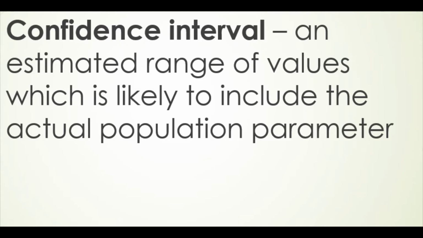And we're saying that we're 95% confident that this range of values includes that actual population parameter. And we're going to find that confidence interval by adding and subtracting the margin of error from our sample statistic.